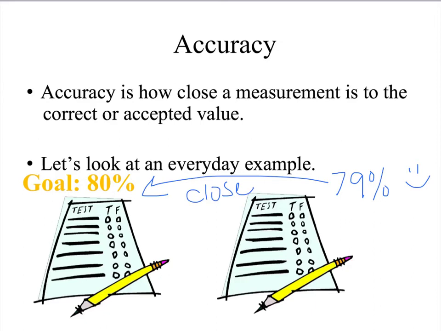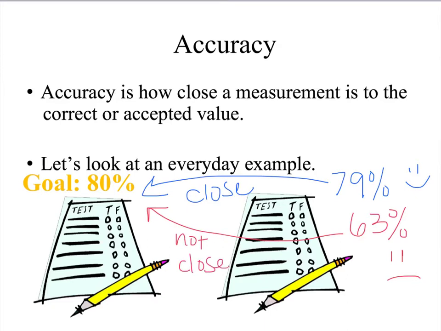If instead, say you got 63%, ooh, what a scary number, right? We might be a little sad about that if we're getting a D. That is not very accurate because it is not close to our accepted value. So close equals accurate, and not close equals not accurate.